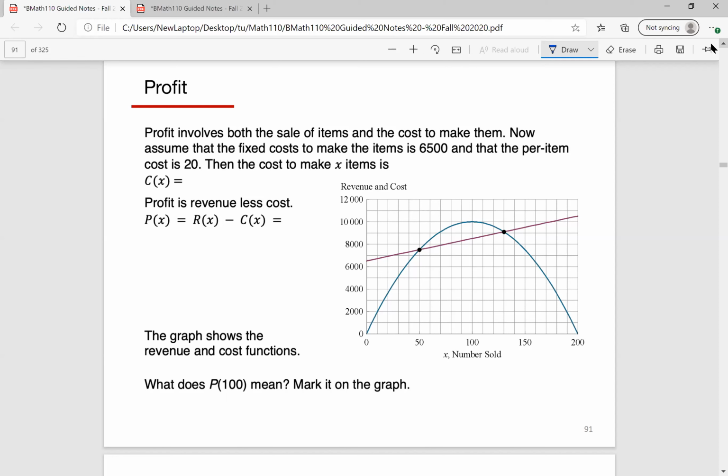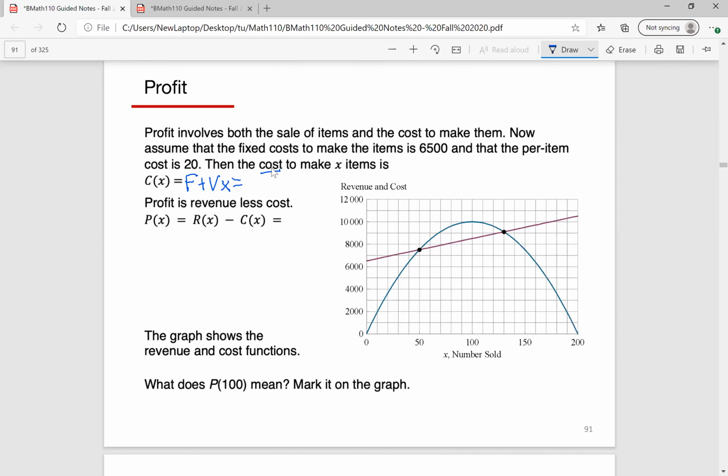Now assume that the fixed cost to make the item is 6,500 and that the per item cost is 20. Then the cost to make x items: you need to know that it's going to be F, the fixed cost, plus the variable cost times x.